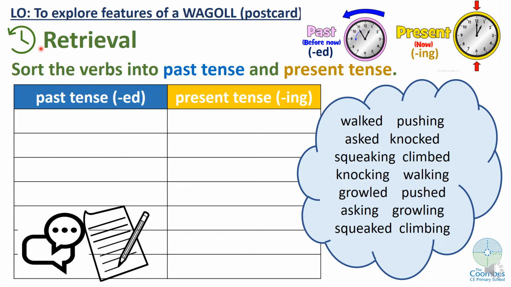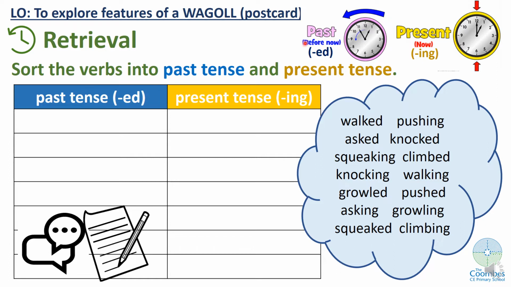Starting off with our retrieval then, and our retrieval practice today is looking at the past tense and the present tense. We did lots and lots of work on the past tense and a teeny tiny bit of work on the present tense. So remember, past tense is something that has happened before now, and present tense is something that is happening now. And I've got the suffixes there to help you remember which one's which.